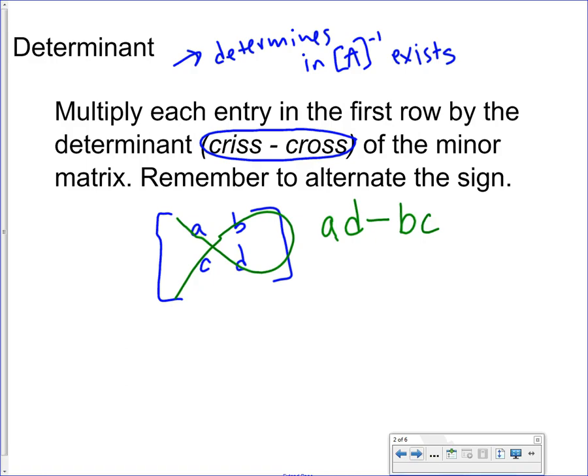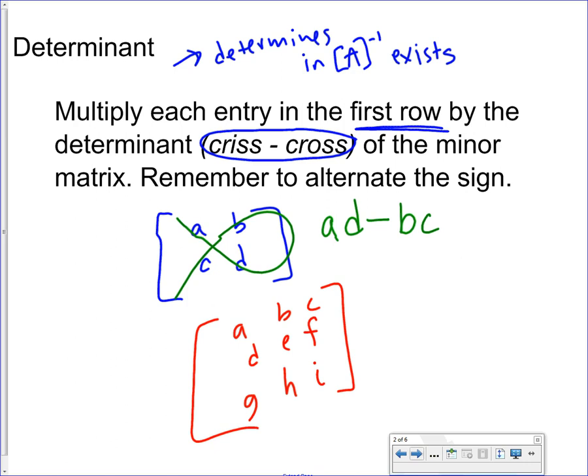But what if you have a 3 by 3 matrix? So A, B, C, D, E, F, G, H, and then I. When you have a 3 by 3, you're going to multiply every entry in the first row by the determinant of what's called the minor matrix.